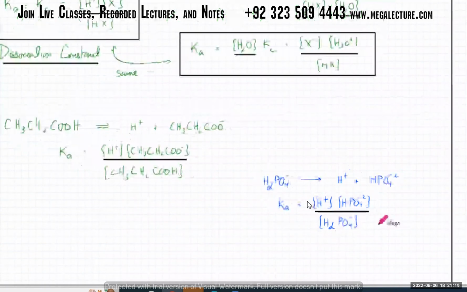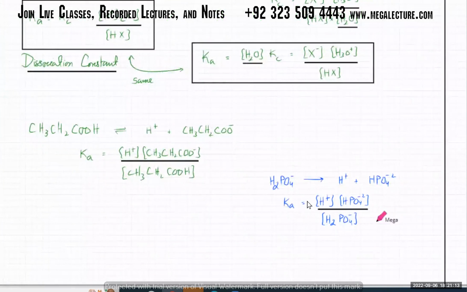So same thing, it applies to any weak acid that's dissociating. If it's a weak acid, this is going to be a reversible sign, instead of one arrow, it's going to be reversible. A strong acid would fully ionize.